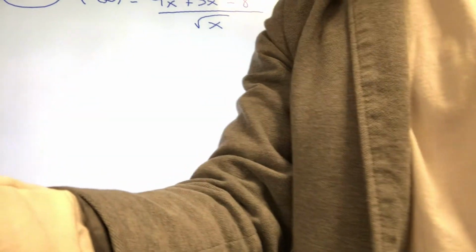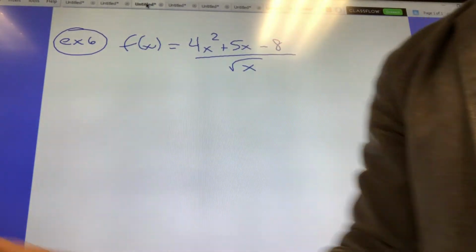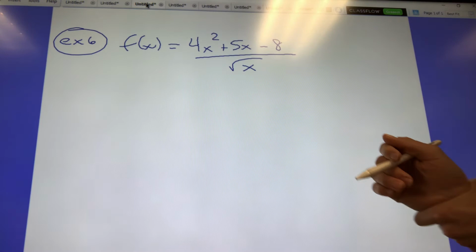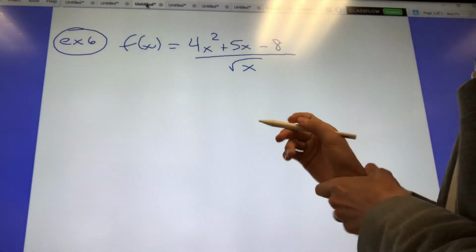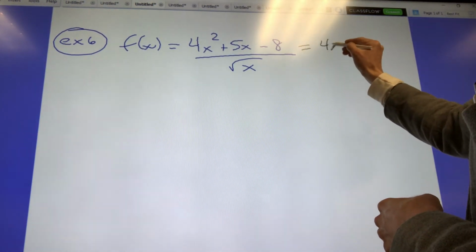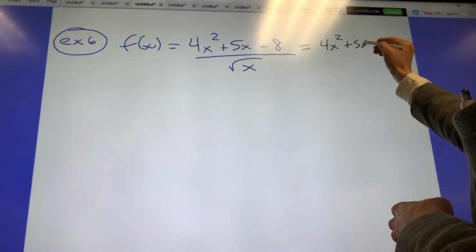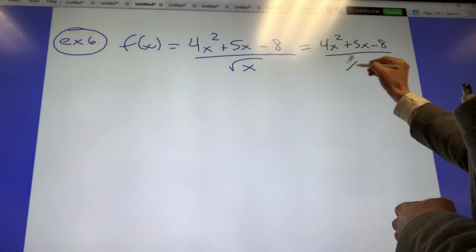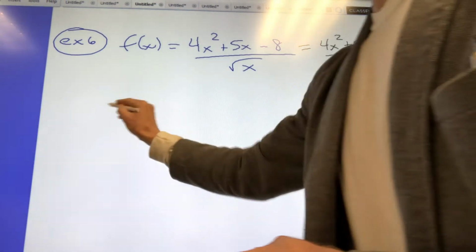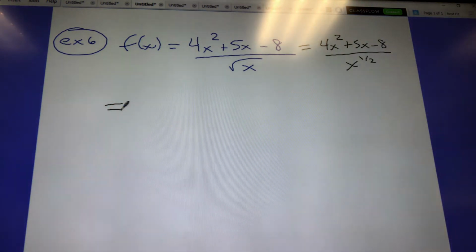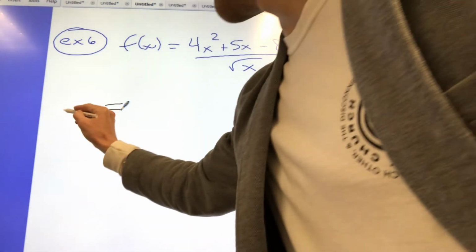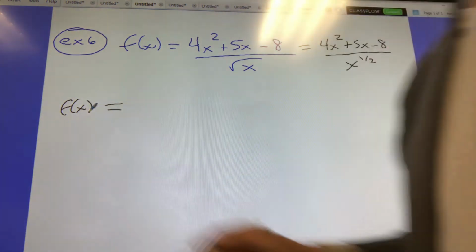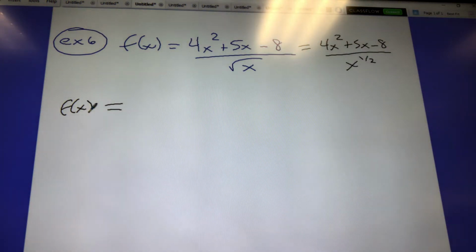All right, let's take a look at number 6 here. Going to divide by root x, so this is really saying 4x squared plus 5x minus 8 divided by x to the 1/2. So all of these powers are going to lose 1/2 power, lose 1/2 in regards to x there.